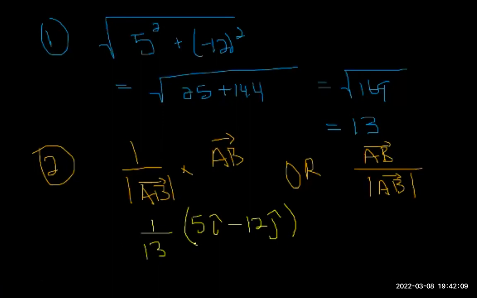Let me just tell you something now. Unless they ask you to write it in a specific form, you see this right here, just leaving it as 1 on 13, 5i hat minus 12j hat. This is acceptable, right? There's really no need for you to say, okay, 1 on 13 multiplied by 5i hat is 5 on 13i hat, and 1 on 13 multiplied by minus 12j hat is minus 12 on 13j hat.